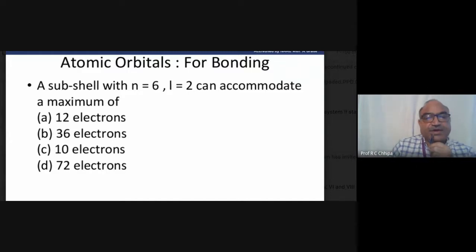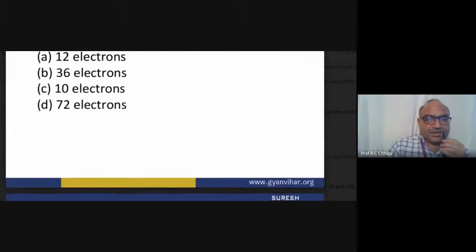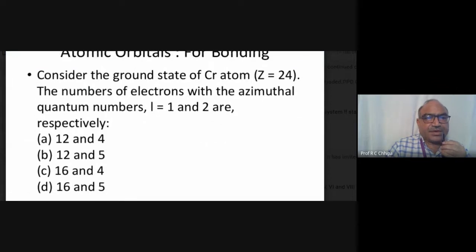All of you know the different quantum numbers. The azimuthal quantum number is represented with l. Here the shell is 6, and l is equal to 2, so that is d. So how many can 6d accommodate? The d subshell produces the atomic orbitals, so the correct answer is a maximum of 10 electrons.